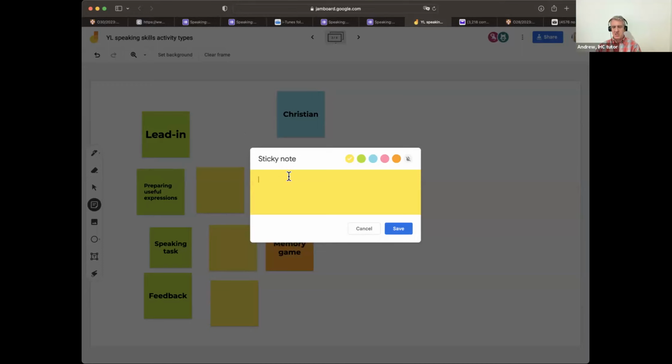But maybe we could set a context in the lead in, right? So we have a context in which it's to do with, has your mum ever asked you to go to the shop and buy something or go to the market?